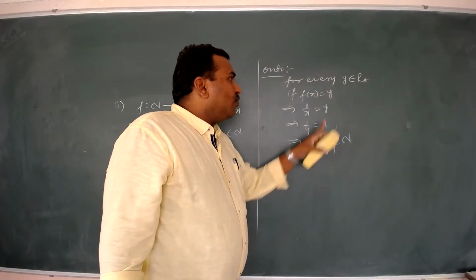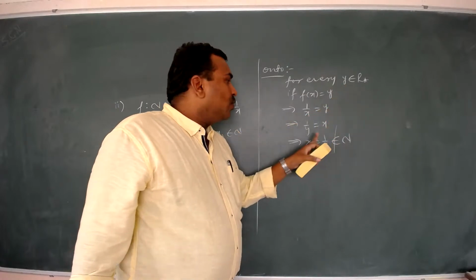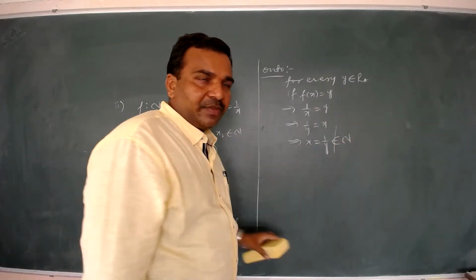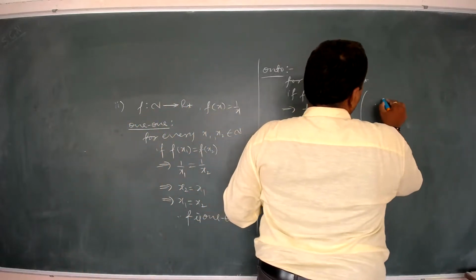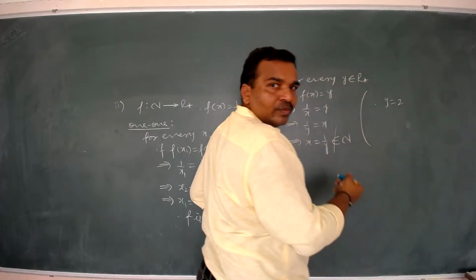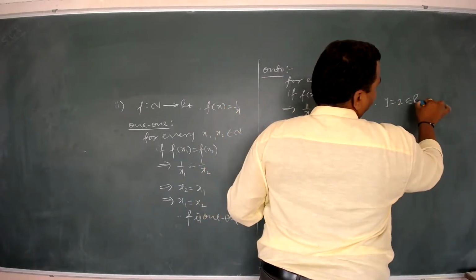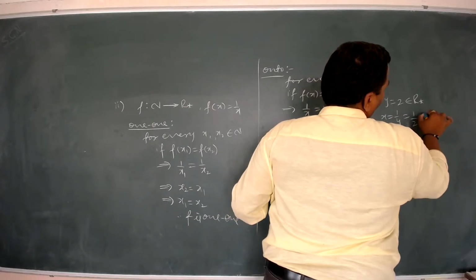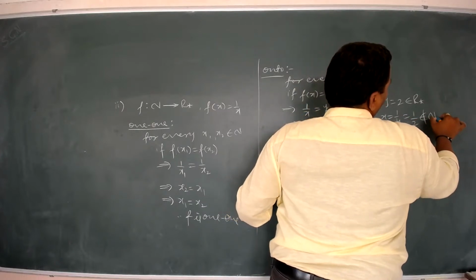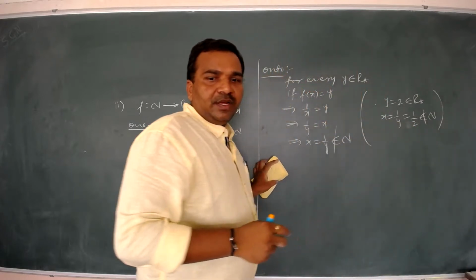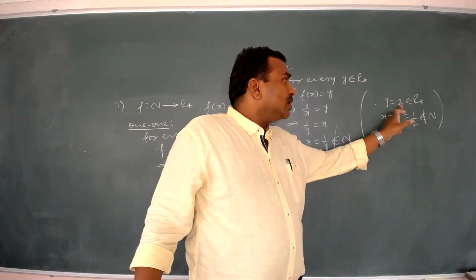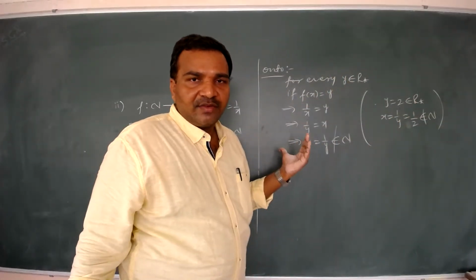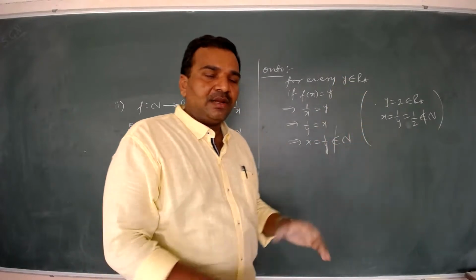Correct now? For real number y, 1 by real number may not be a natural number. I will explain by giving one example. Since y equal to 2, it is there in R star. So what about x? 1 by y, that is 1 by 2. It is not a natural number. What is the conclusion now? There is a number 2 in codomain which is not the image of any element.